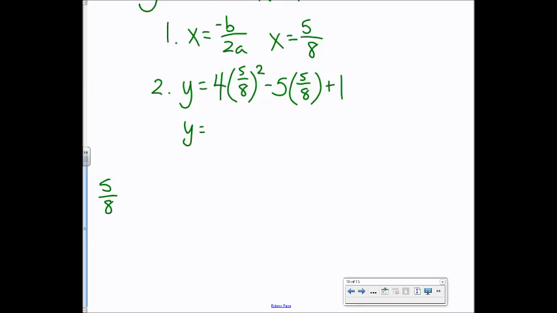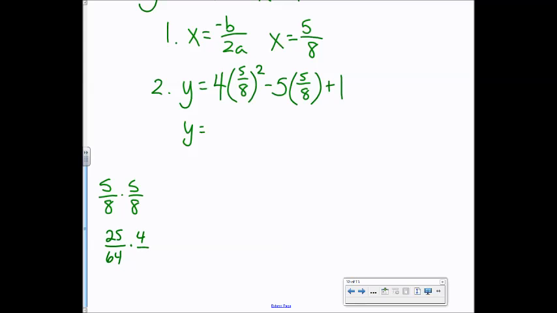Times itself. So I'm going to do 5/8 times 5/8. So then that would give me what? 25 over 64. And then I'm going to multiply that by 4. So 25 over 64 times 4 over, what do I write 4 over? Yeah, over 1.